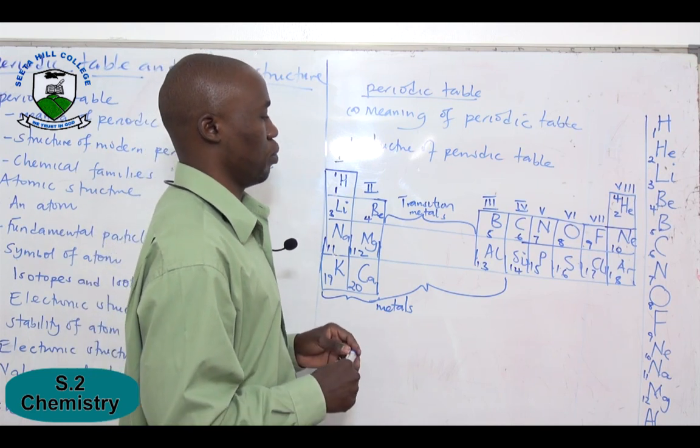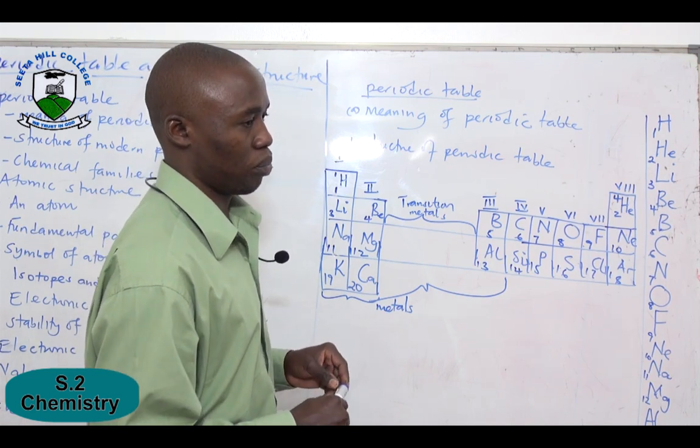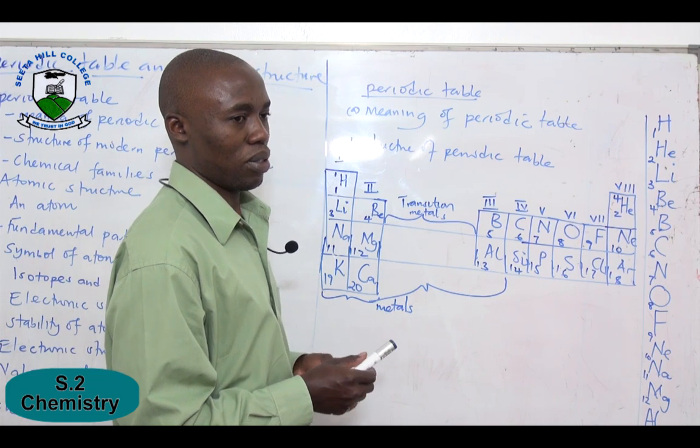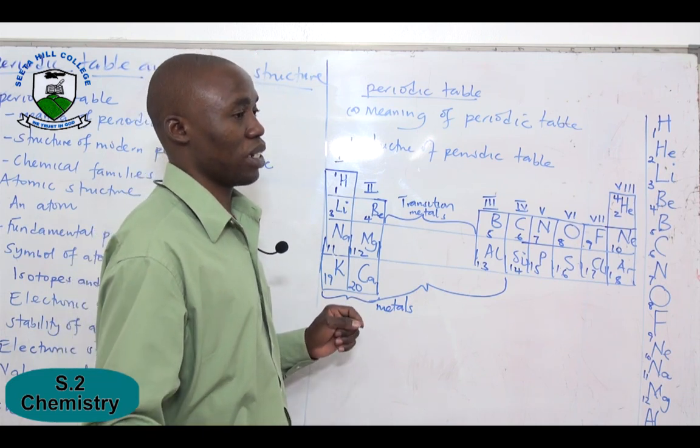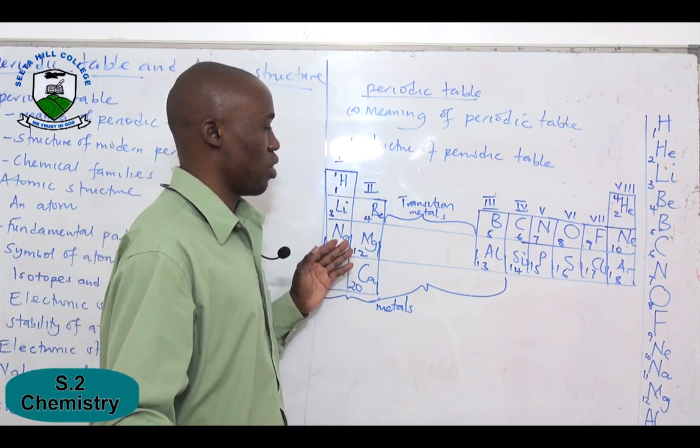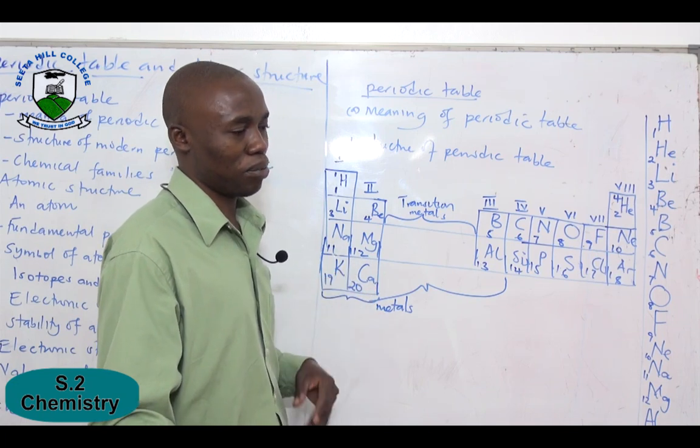So you have metals. That is your real predictable. Groups 1, 2, 3 are metals.